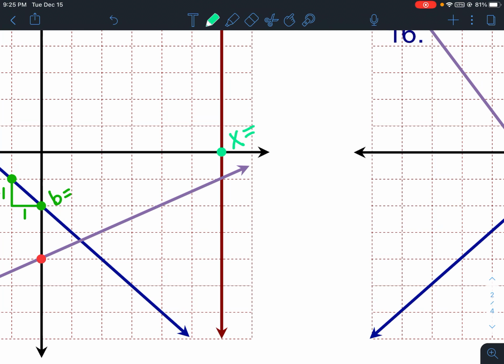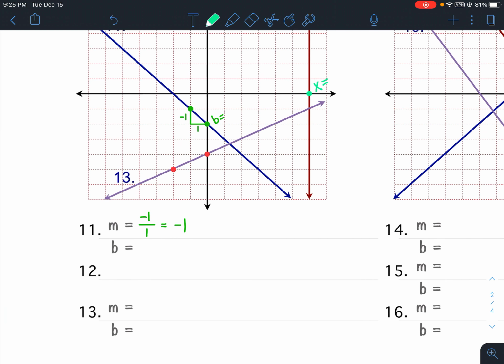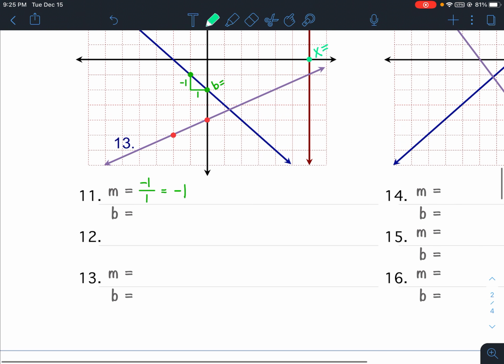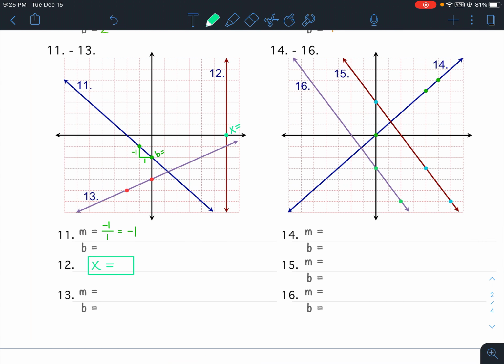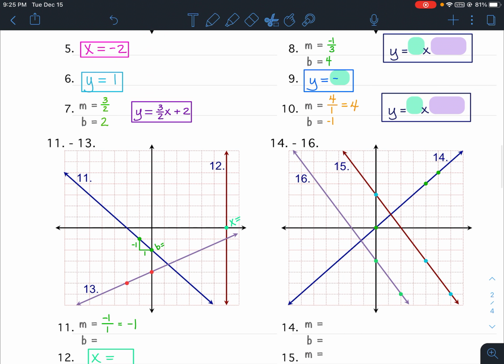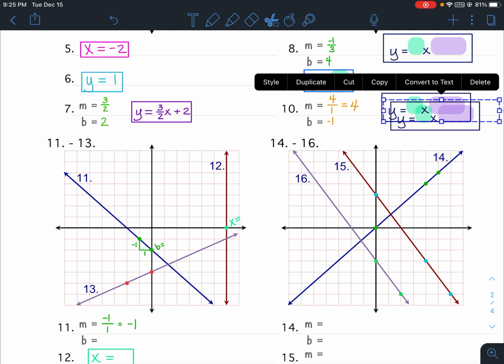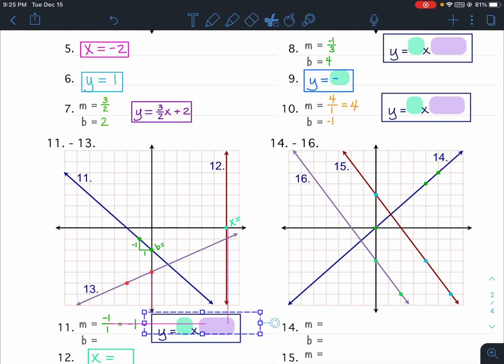So you need to determine where that crosses the x-axis, and whatever that number is, that will be your answer to number 12. So number 12 is just going to be x equals a number. By the way, number 11 is going to look like this.